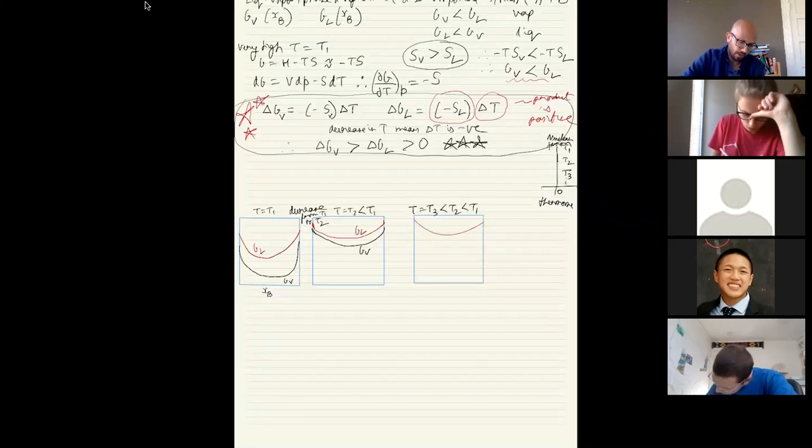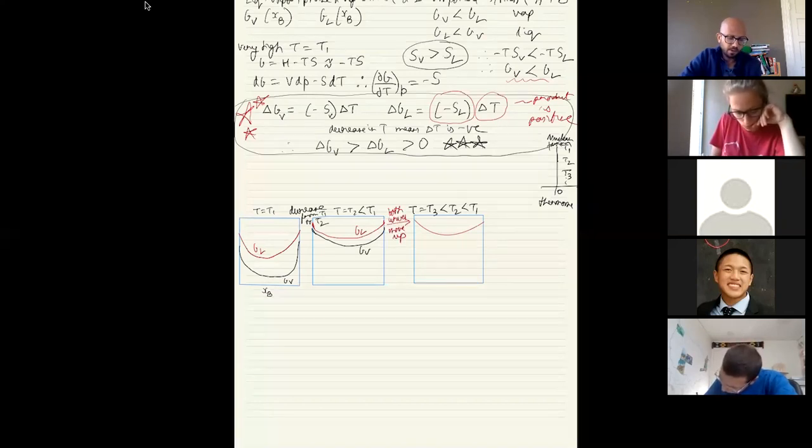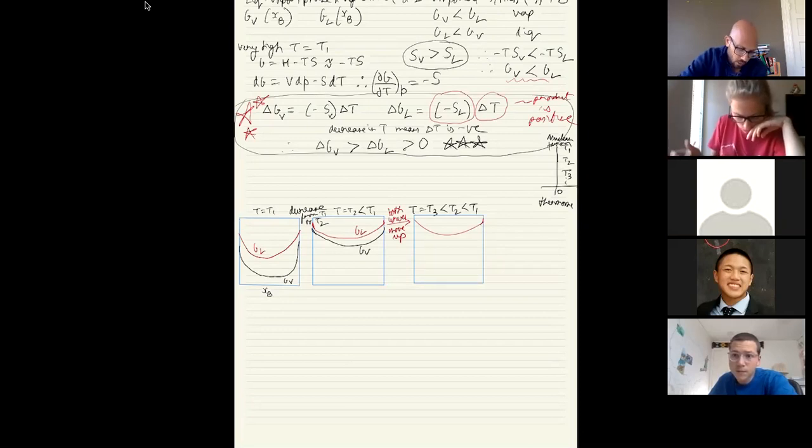I'm just going to write it down here because otherwise I will run out of space. Both curves move up. G liquid will continue to move up, but the G vapor will now have moved up so much that it's going to intersect it at some point. And that's where things start to get interesting.